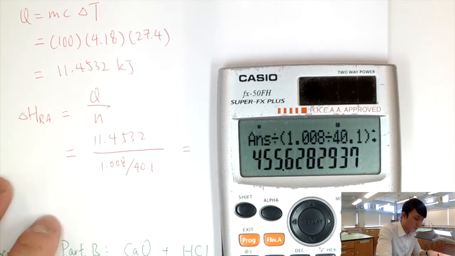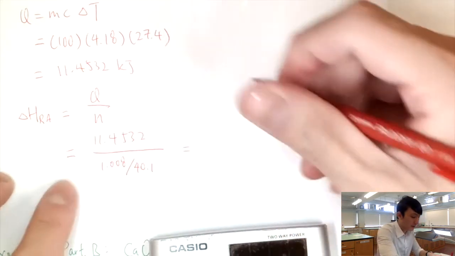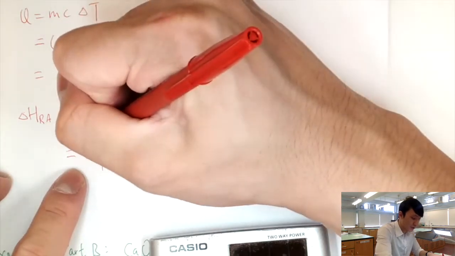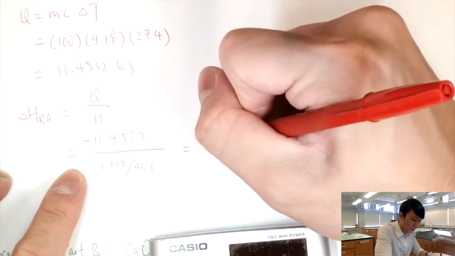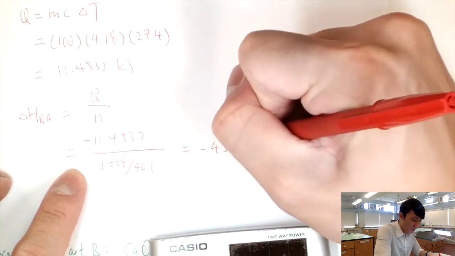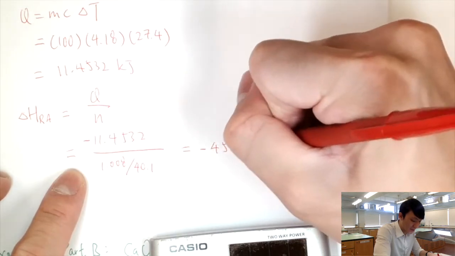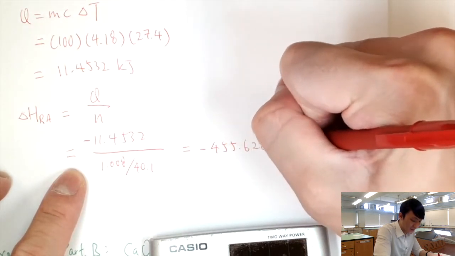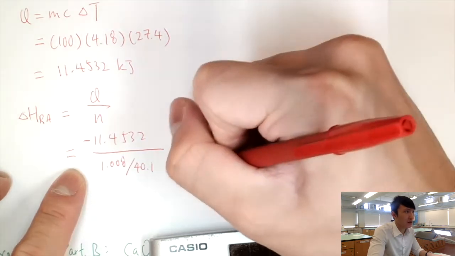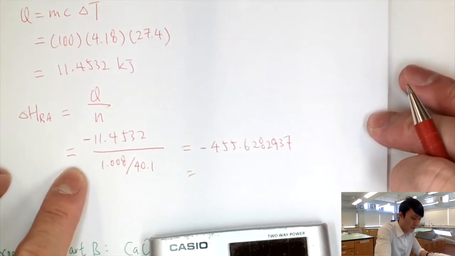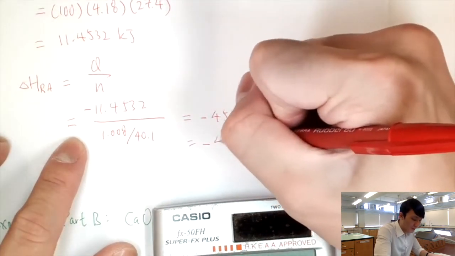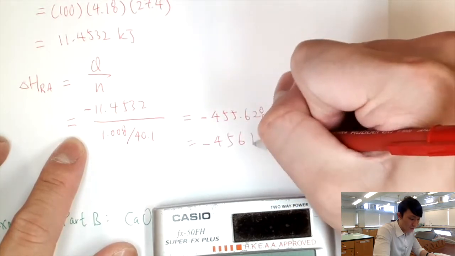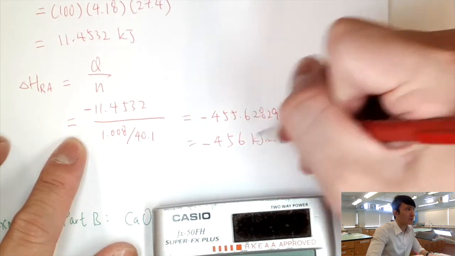Because it is exothermic, you need to add a negative here. So at the end, you should get negative 455.6282937. We will take three significant figures, so you will have negative 456 kilojoule per mole.